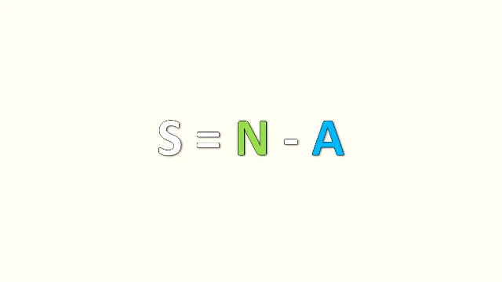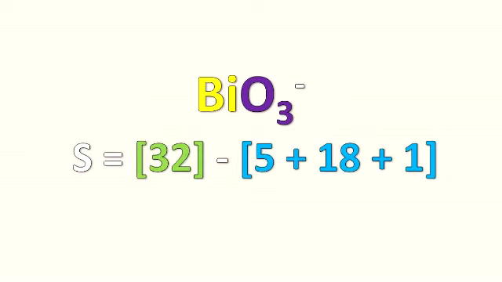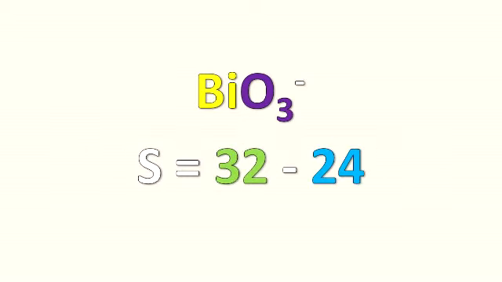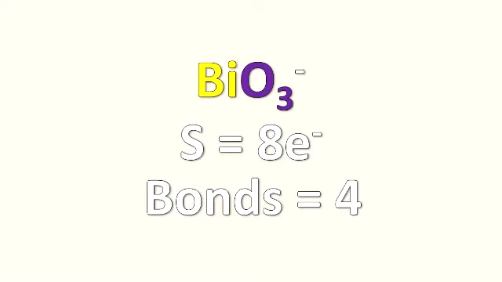Now that we have both N and A for the formula, we can compute the number of shared electrons between the bismuth and the oxygen atoms in bismuthate. Calculating for S, we have a total of 8 shared electrons, and dividing it by 2 will give us the number of bonds for the bismuthate. So we have 4 bonds.